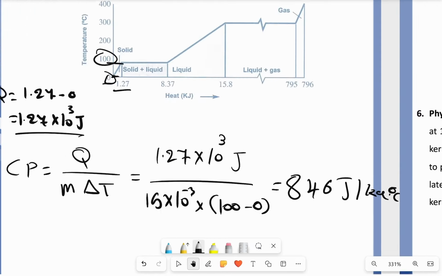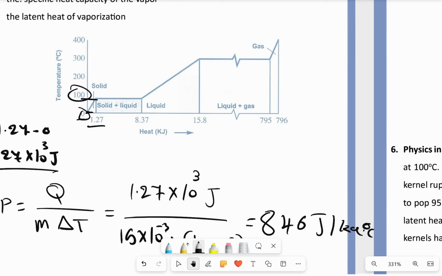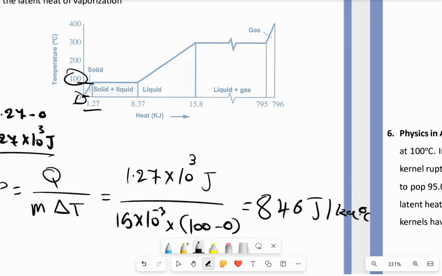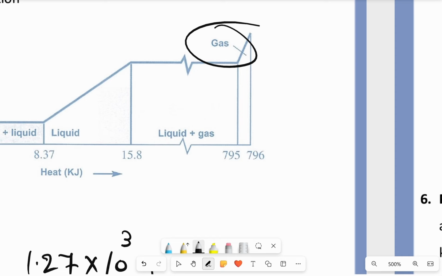We have D, it says the specific heat capacity of the vapor. So in here, we are going to subtract this one because this is gas, so we need to find the specific heat capacity of gas. Whenever it talks about latent heat of fusion, the temperature is going to be constant.